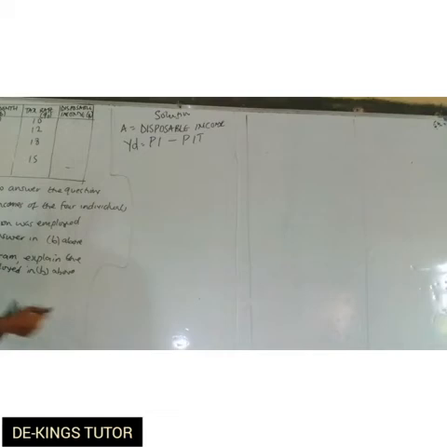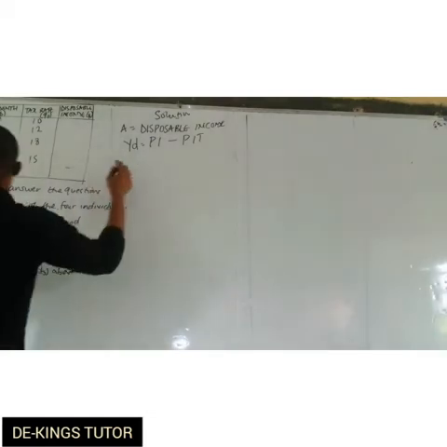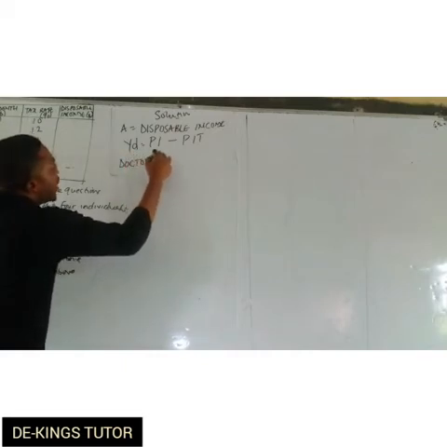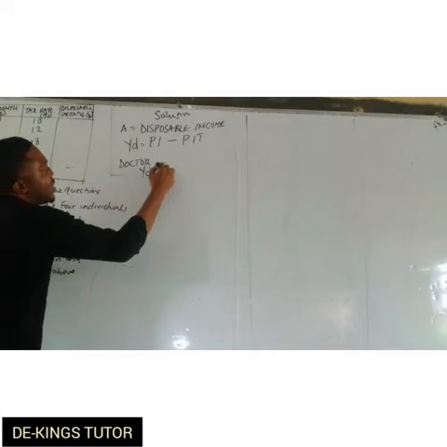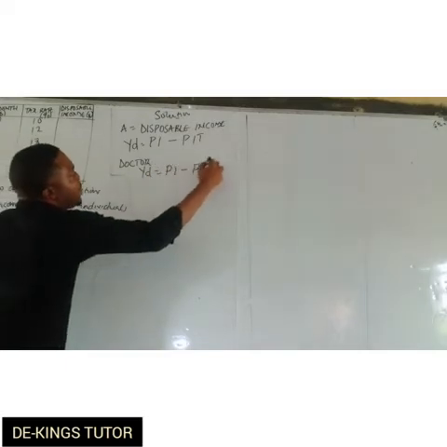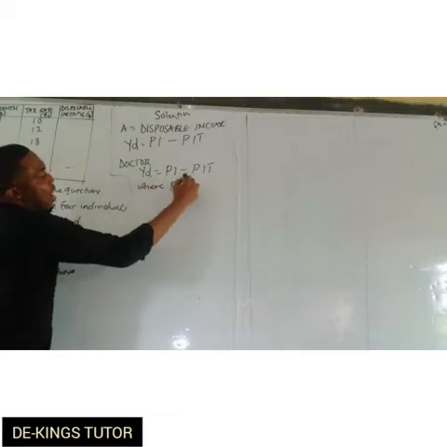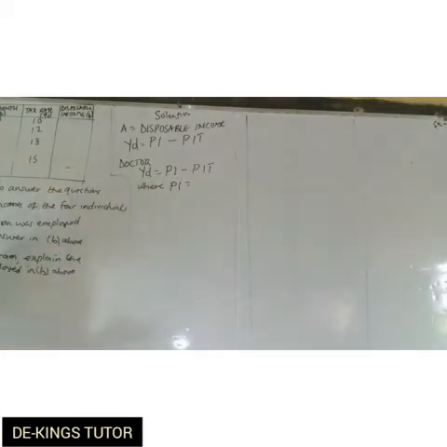For the doctor, now YD equal PI minus PIT. Now we said where our PI is the personal income for doctor. Now what is the income for doctor there? 8,000. Now our PIT is the personal income tax. Now look up.